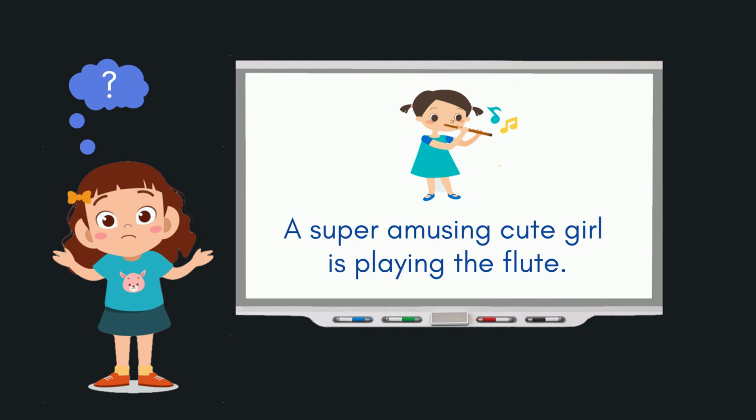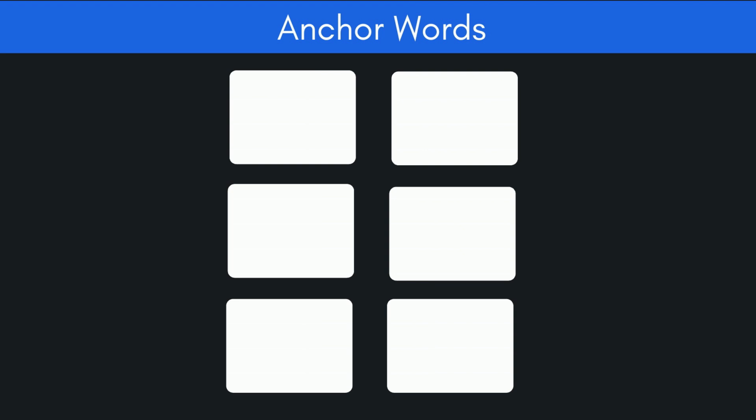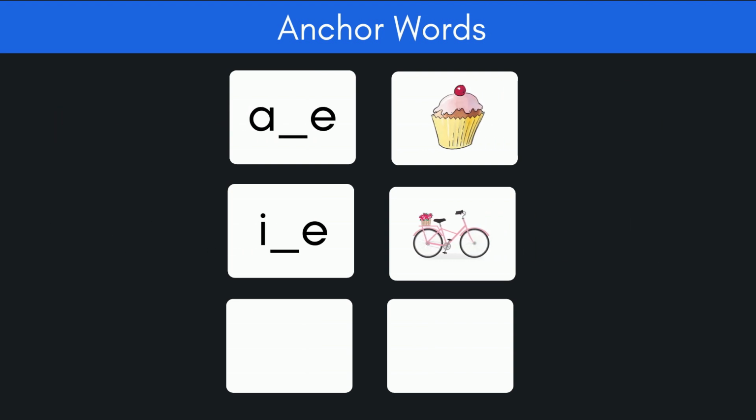And even the guideline doesn't work so well for the vowels E and U. Magic E can also be introduced through anchor words, such as A, cake, I, bike, and O, bone, and learn through games, stories, writing activities, songs, just like the other phonics families.